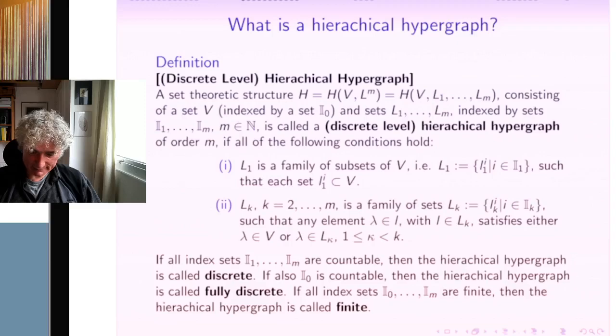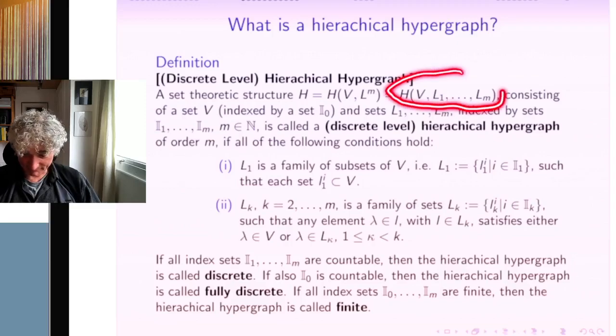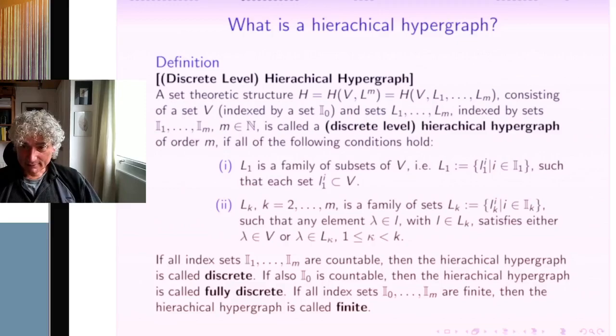So you can say a hierarchical hypergraph consists of a set V and M many different sets of hyperlinks. But the sets of hyperlinks will be constructed in a very different way now.